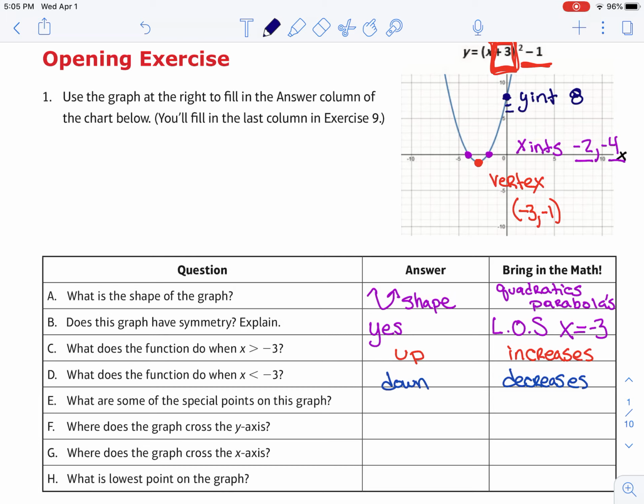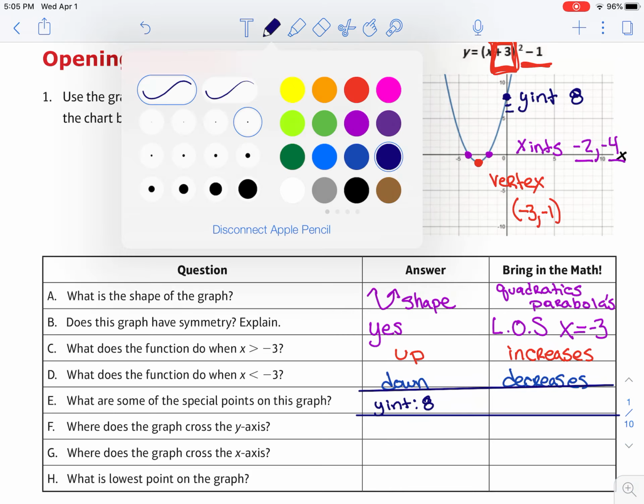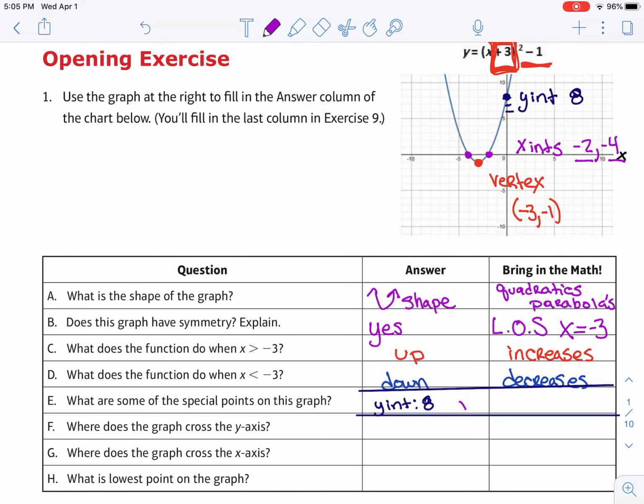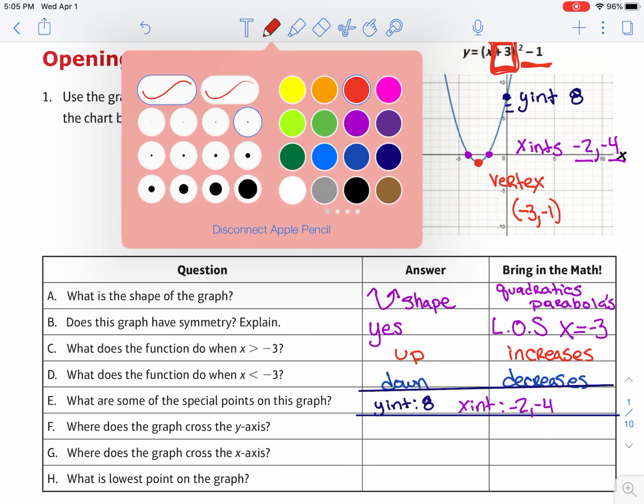So we're going to use all of this space right now to do academic vocabulary. We have our y-intercept at 8. We have our x-intercepts that touch the x-axis at -2 and -4.